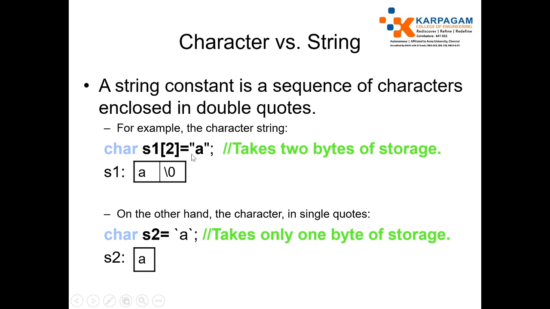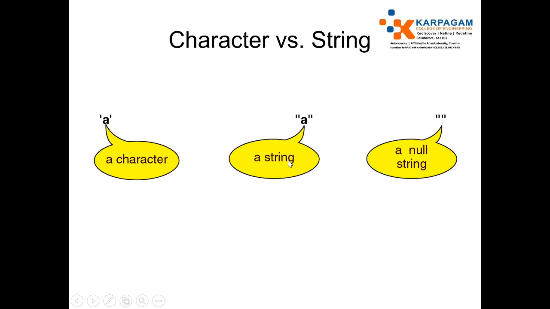If it is a collection of characters, use a character array, and the set of values is enclosed by double quotes. This is the difference between character and string. A null string has nothing in it, but it has a \0 at the end.